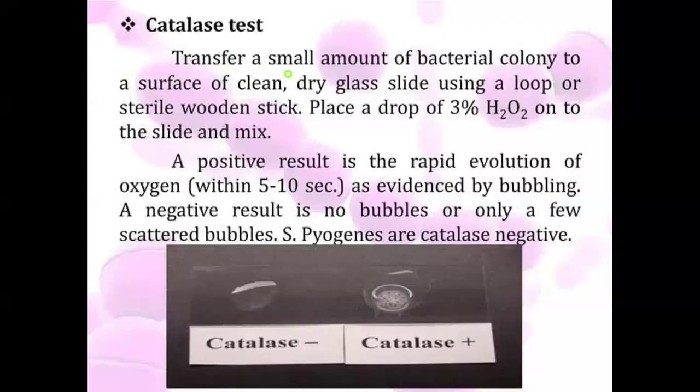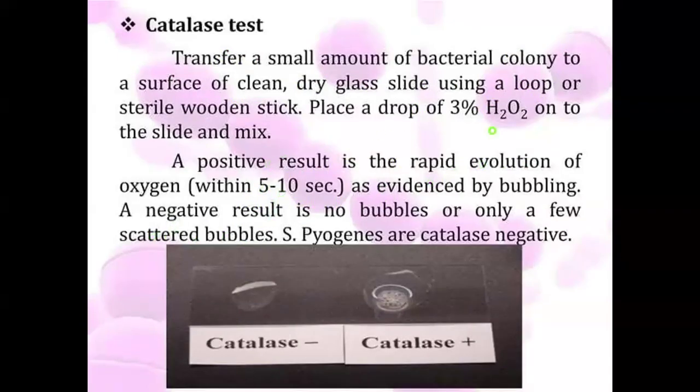And then we have the catalase test. Normally how it's done is you transfer a small amount of bacterial colony to the surface of a clean, dry glass slide using a loop or sterile wooden stick. Place a drop of 3% hydrogen peroxide onto the slide. A positive result is the rapid evolution of oxygen within 5 to 10 seconds as evidenced by bubbling.